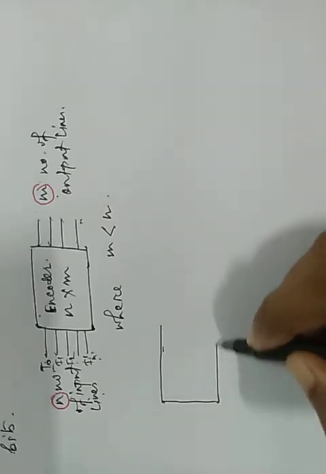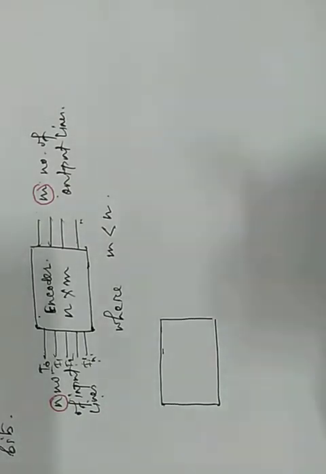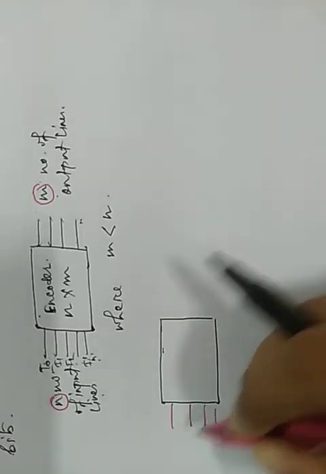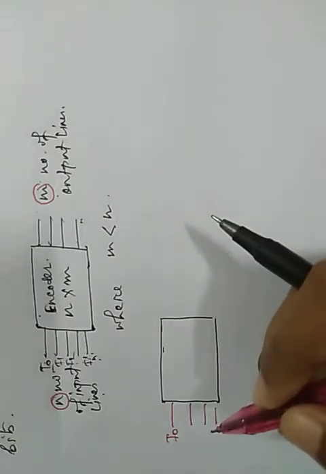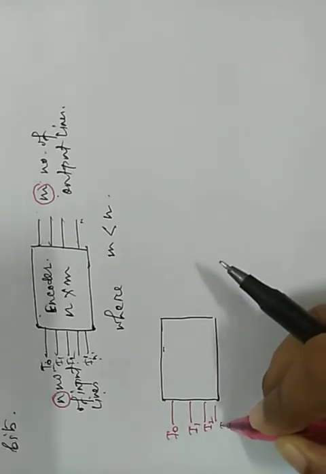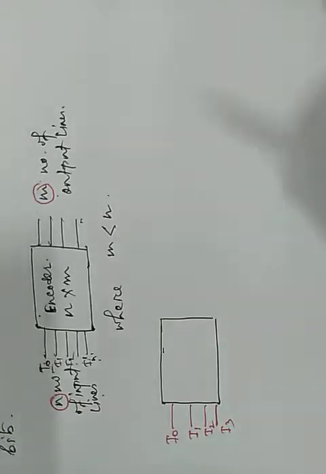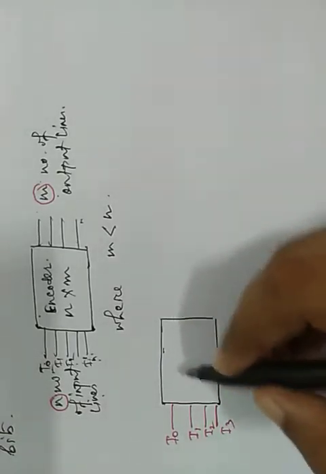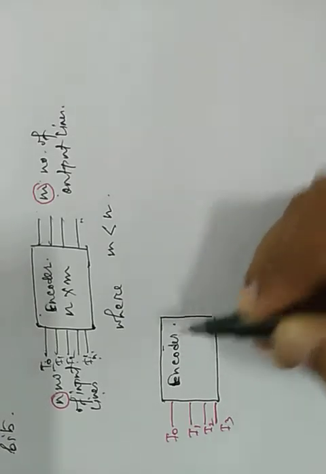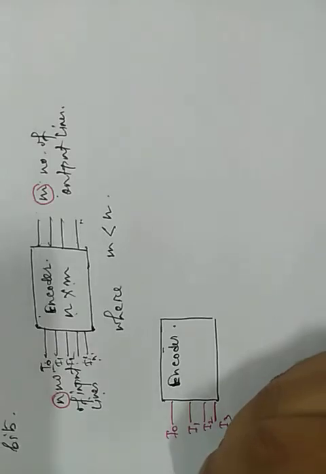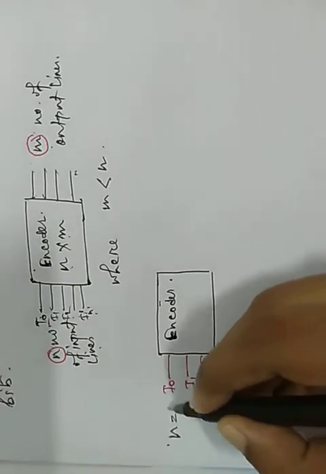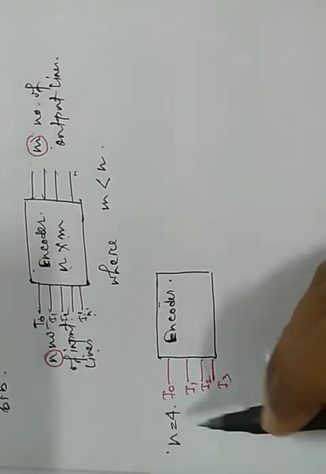Okay, just for example, suppose there are 4 input lines, I0, I1, I2, I3, and this is our encoder. Here n equals 4.